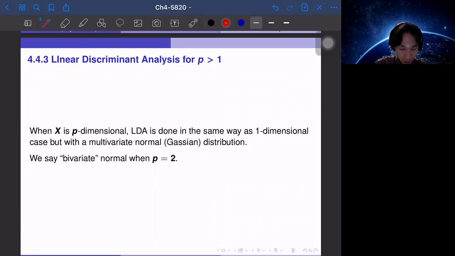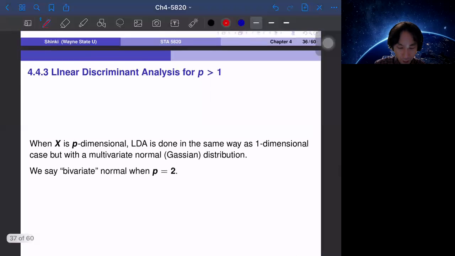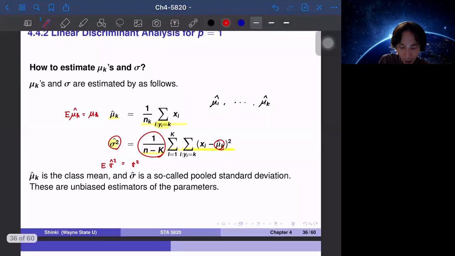So far we have basically focused on the univariate case, with only one predictor. But if we have multiple predictors, we just regard x as a p-dimensional vector, and LDA works in the same way. For example, mu k is the sample average, but if x is a vector, it is the sample average for each component.